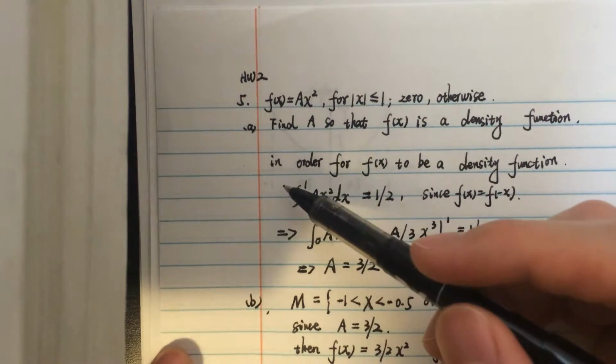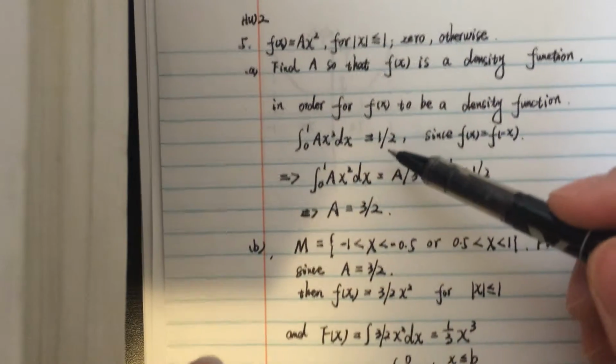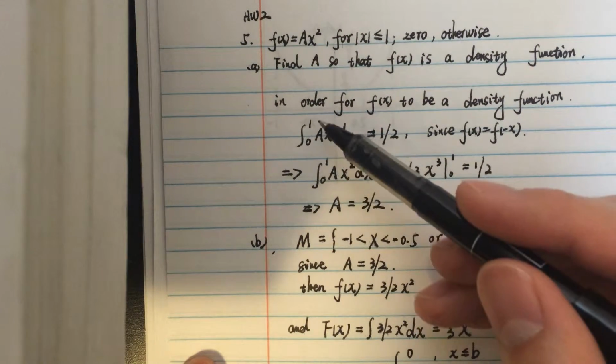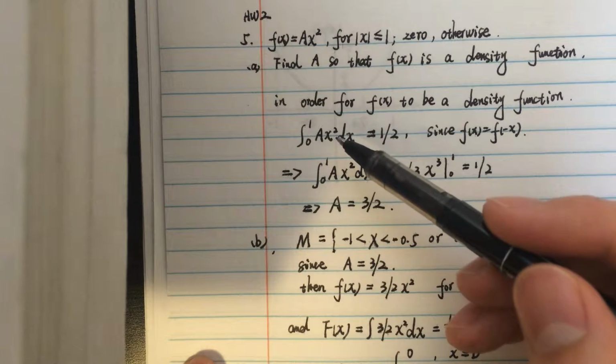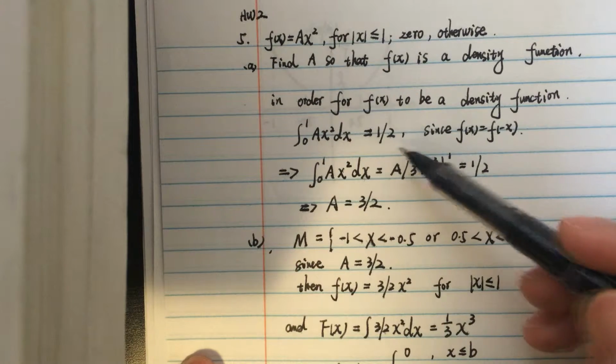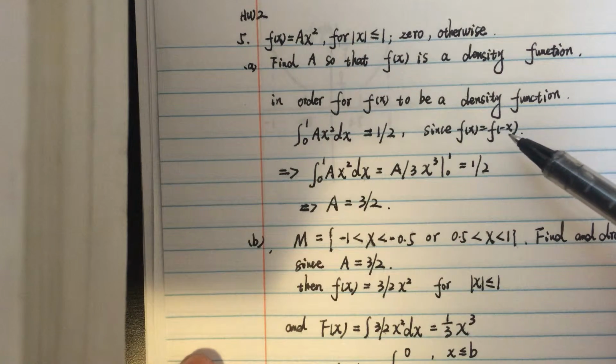So let's begin. In order for f(x) to be a density function, the integration from 0 to 1 of a times x squared should be 1 over 2, since f(x) equals f(-x).